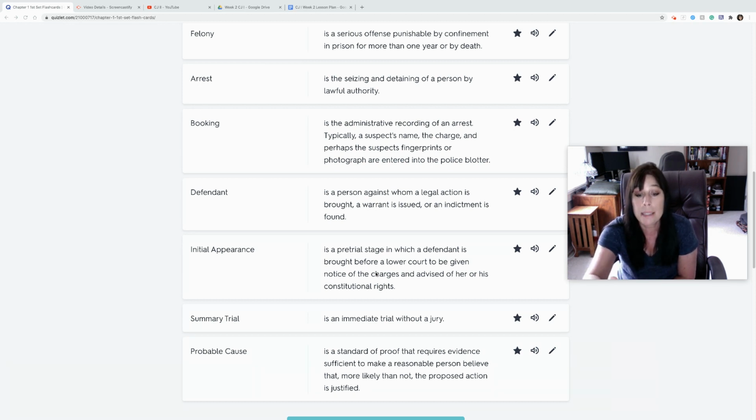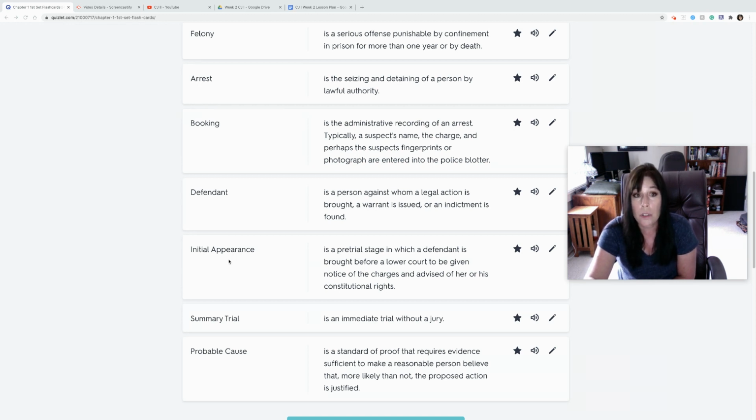But basically, what's the next thing that happens after you get arrested? You have to be arraigned, right? You're brought in front of a judge and that arraignment is an initial appearance. It's your first appearance in court.